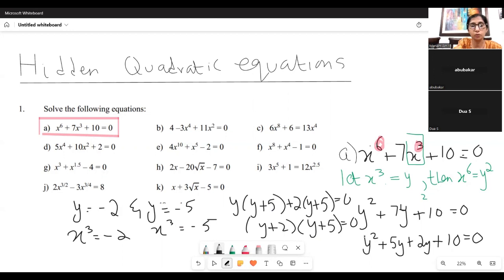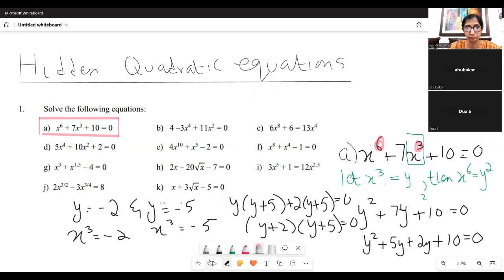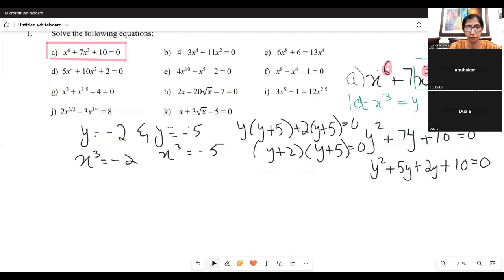So we can take cube root on both sides. x equals cube root of minus 2 and x equals cube root of minus 5.